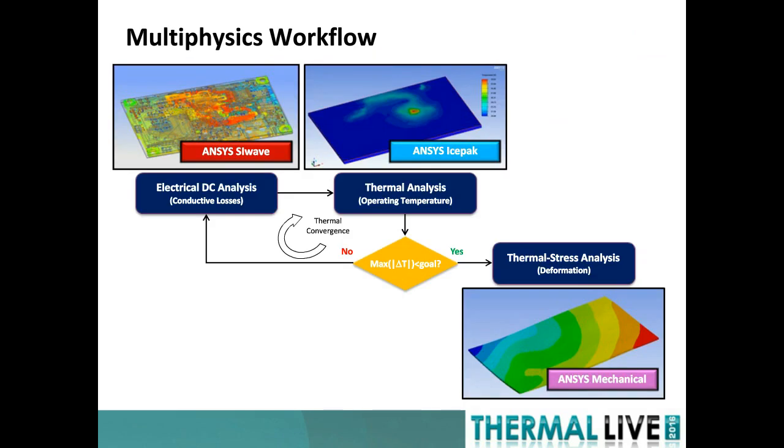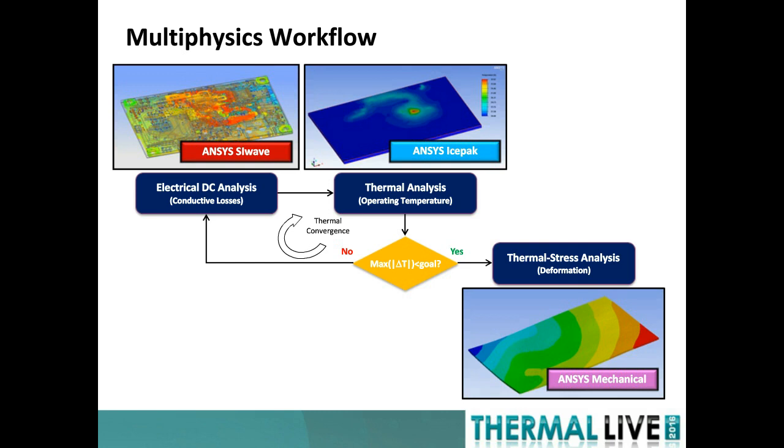Now, these three tools need to be linked for an electrothermal and thermal structural simulation. In particular, SI Wave will calculate the electrical DC losses, and it will transfer these into IcePack for a thermal analysis.